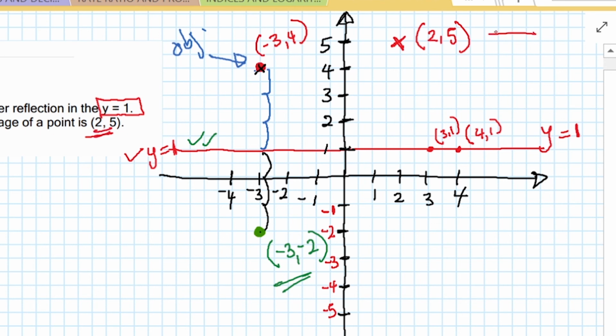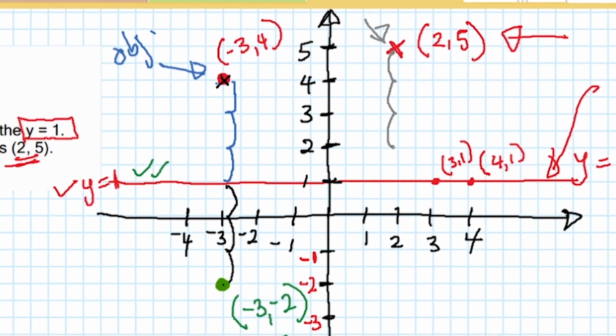So if its image is this one, and it's being reflected in this mirror, it means that the object is down here. So how do we locate it? We are going to use the same approach. We're going to look at the distance from where the object is. The distance from here, this is 1 unit, 2 units, 3 units.